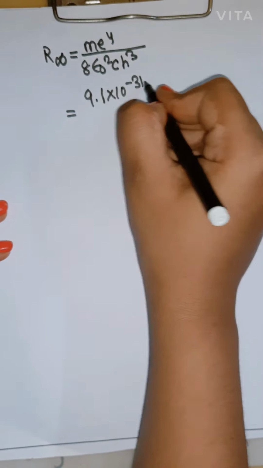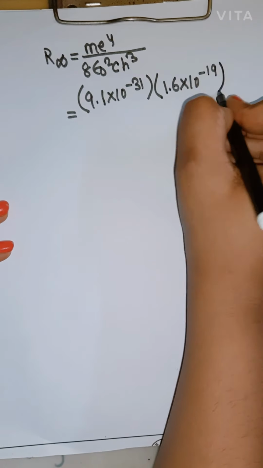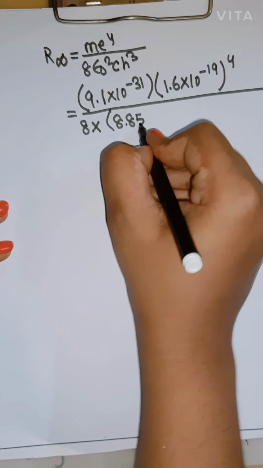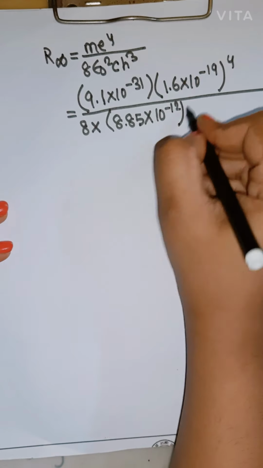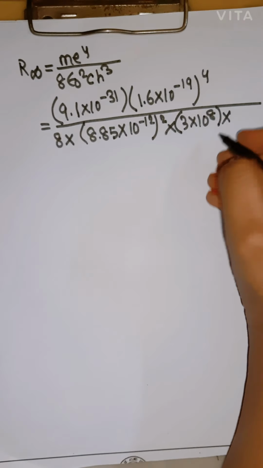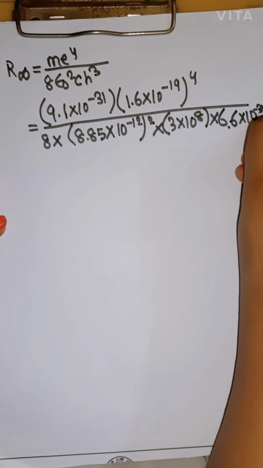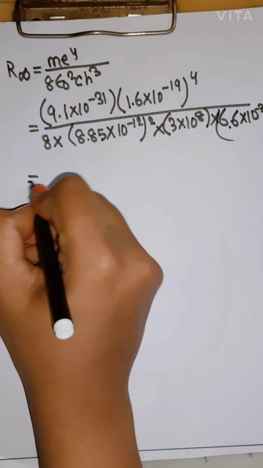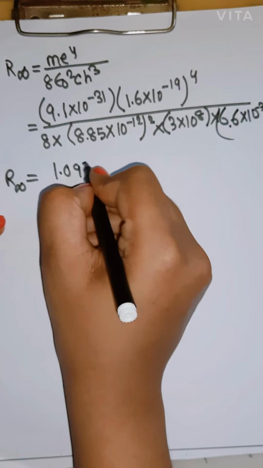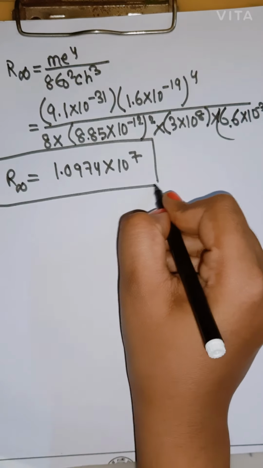Mass as 9.1 into 10 to the minus 31, charge as 1.6 into 10 to the minus 19 whole to the power 4, by 8 into 8.85 into 10 to the minus 12 whole square, the speed 3 into 10 to the 8, into Planck constant 6.6 into 10 to the power minus 34 whole cube. Calculating, we will have the value 1.0974 into 10 to the power 7. This is the value of the Rydberg constant.